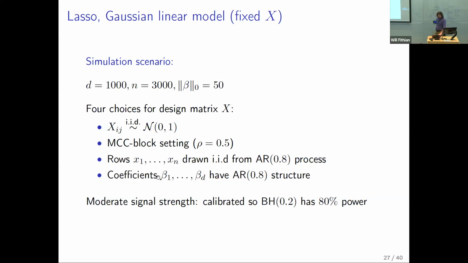We try various different choices for the design matrix: the blockwise equicorrelated version that I was showing you before, IID normal, or an AR process, where beta hat 1 through beta hat D have an AR structure. This is saying that the X transpose X matrix has an AR 0.8 covariance matrix, and this would be saying that X transpose X inverse has the same structure. For all of these, we calibrate the signal strength so that the BH procedure, at a fairly liberal 0.2 level, has pretty good power.